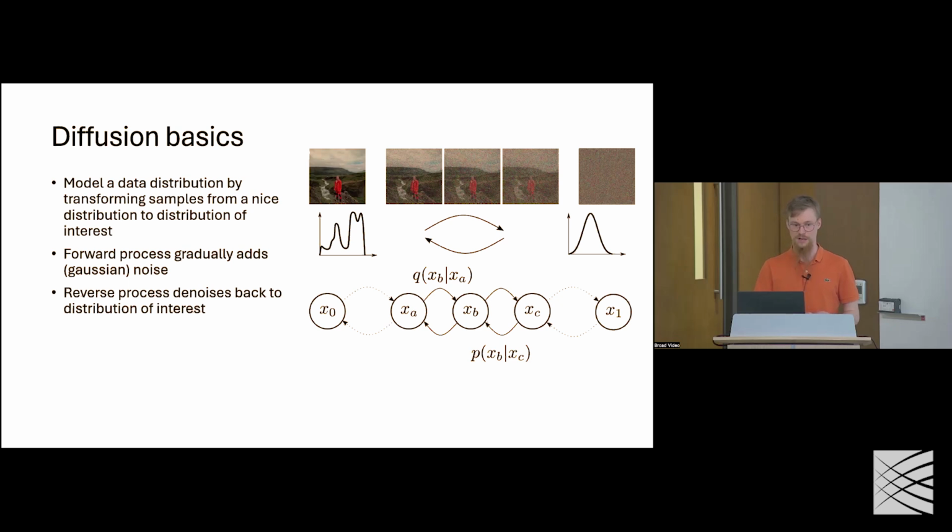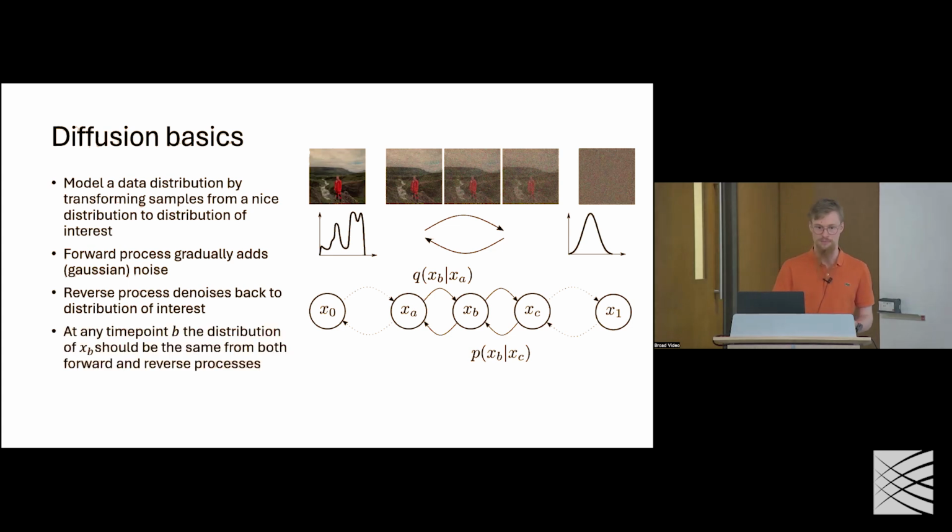Here we have x0, which is the clean data point, and x1 is the total noise data point. Q denotes the forward process, the noising process, defined by our noising schedule. So we know this is a nice Gaussian, and P is the reverse, and this is something we want to learn.